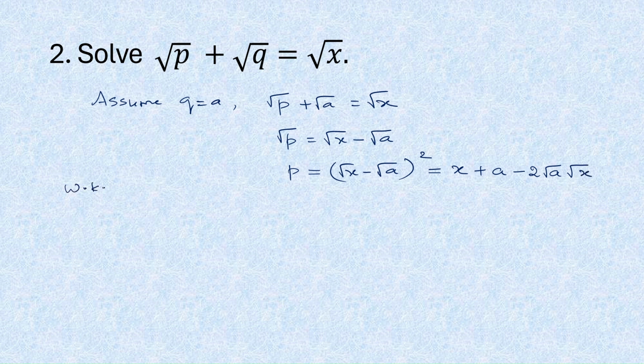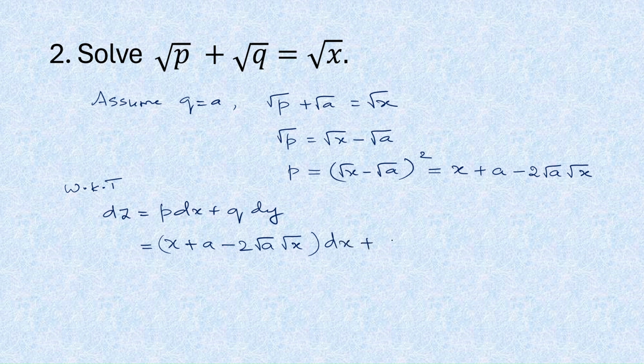Now already we know that dz is equal to p dx plus q dy, which implies dz is equal to x plus a minus 2 root a root x into dx plus a into dy.